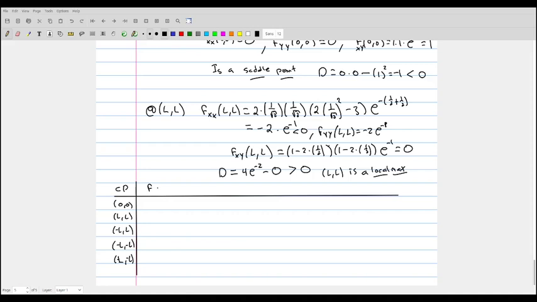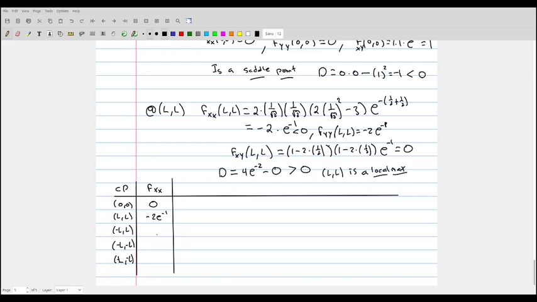A column in the table for the second partial derivative with respect to x. And I'll let you go through and verify these computations, but essentially this is going to be 0. We just calculated that this is going to be negative 2 e to the negative 1.